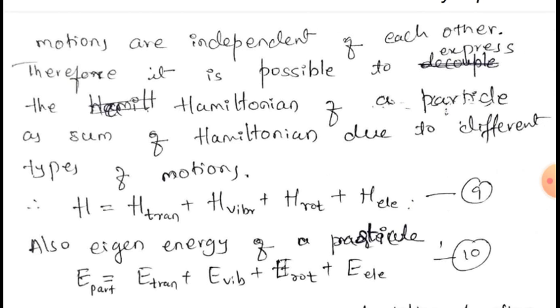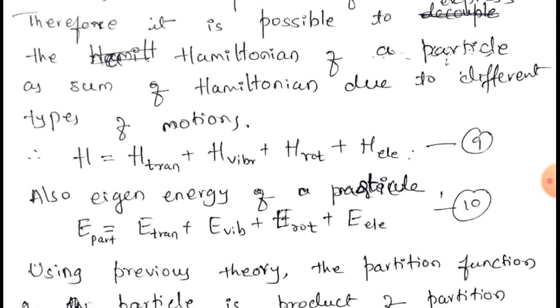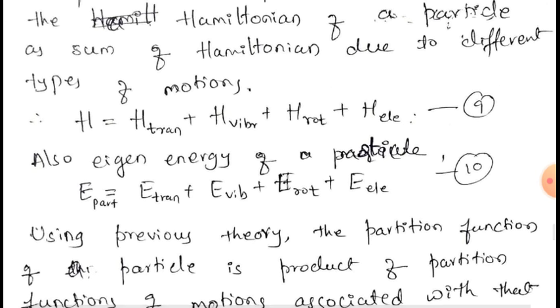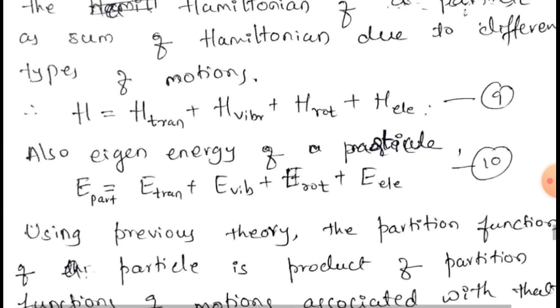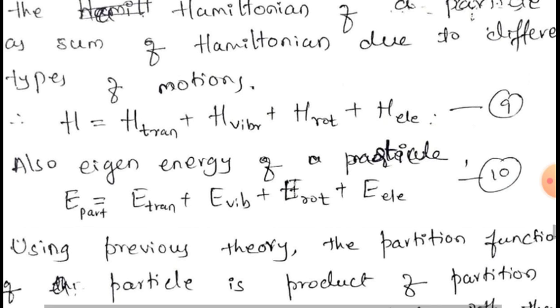Since these motions are independent, we can write the Hamiltonian of a particle as a sum of the Hamiltonians associated with these four kinds of motions. Therefore, the Hamiltonian of a particle, here I am writing again H for Hamiltonian, but this H is for a particle, is equal to H translatory, that is H trans.